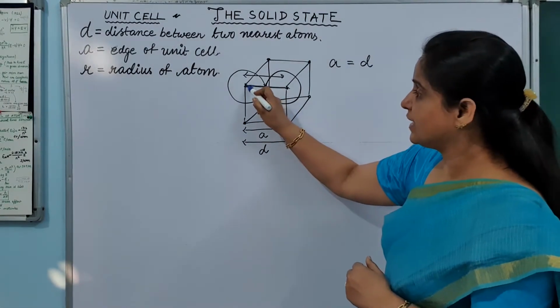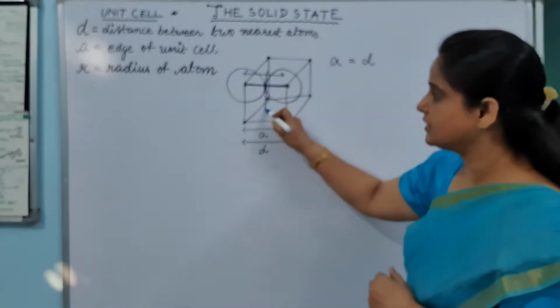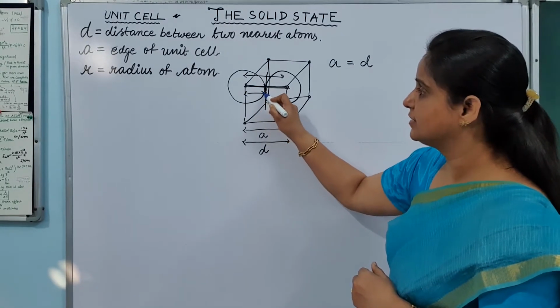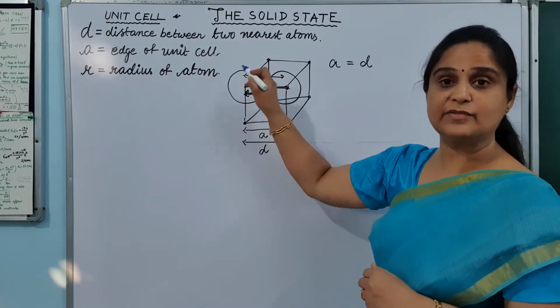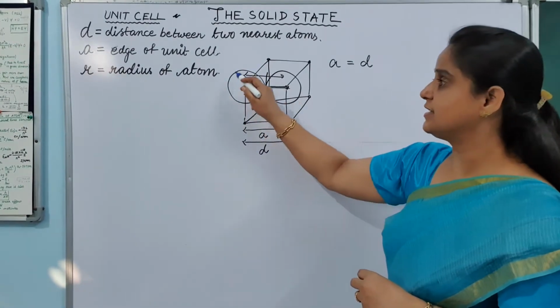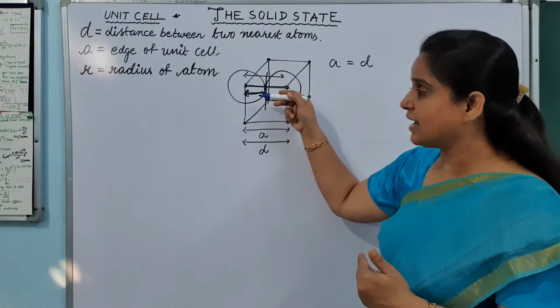Now if you divide this D or A by 2, what do you get? Can you see this radius? This is the radius of the ball you have in the form of an atom. So this is the radius of the atom. What is the relationship between D and R?